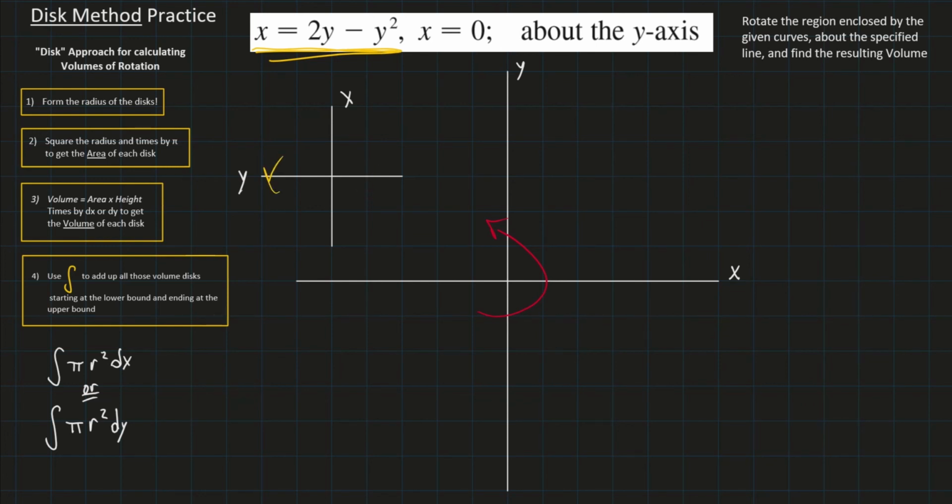And to get the exact graph, we want to think about those points of interest. X-intercepts, y-intercepts, local maxes and mins. So I'll think about y-intercepts first. That's basically where x is equal to 0.